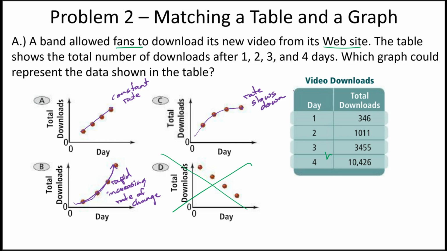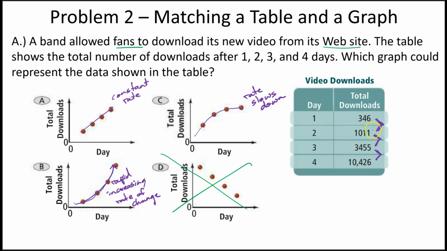So let's see what's happening in our data. To really help us, we need to see the difference between each of these points in our data, so we're going to subtract each of them. If we look at the difference between our first two numbers, 346 and 1011, we know it's going up, but by how much?